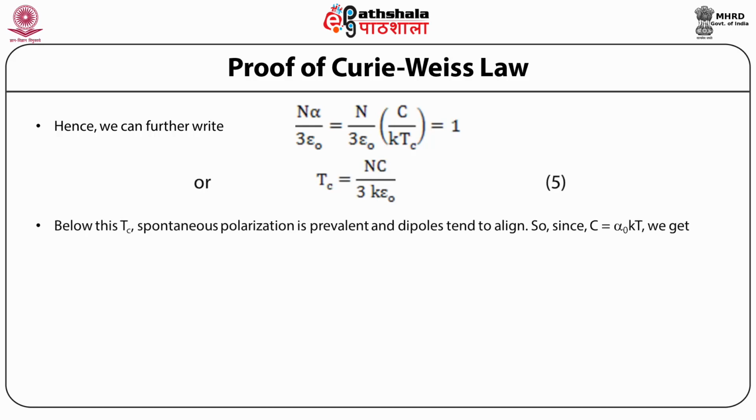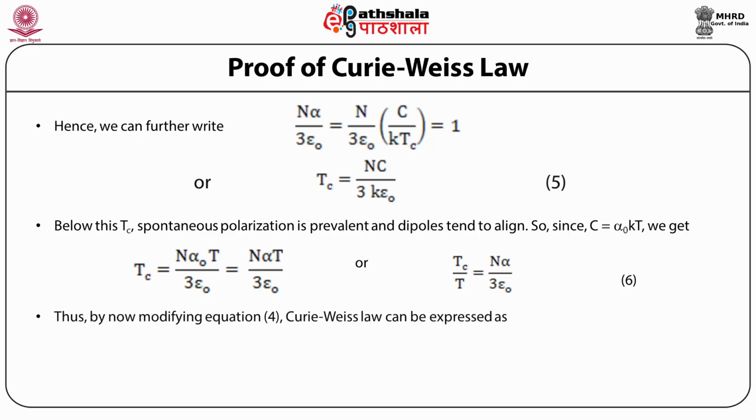So below this Tc, the spontaneous polarization is prevalent and the dipoles tend to align. Since C is equal to alpha naught kT, we get Tc as n alpha T by 3 epsilon naught, or Tc by T is equal to n alpha upon 3 epsilon naught.